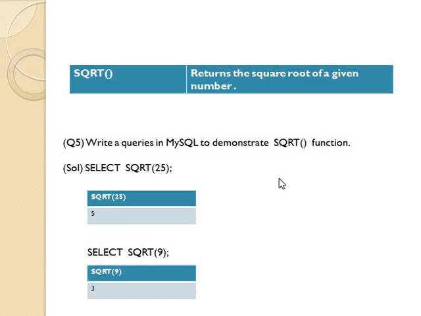Similarly, if you are asked to find the square root of 100, and 100 is the result of 10 into 10, so the square root of 100 will be 10. Again, if you are asked to find the square root of 64, and 64 is the result of 8 into 8, so the square root of 64 shall be 8. Okay, so in that way you can see different outputs corresponding to the square root that you have to find for that particular value.